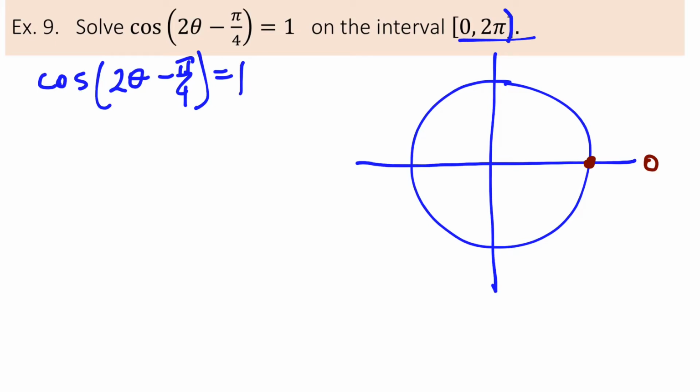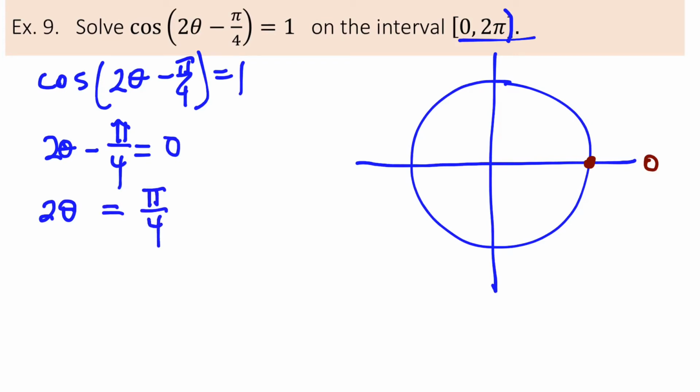So that means that my angle, this is my transformed angle, 2 theta minus pi over 4, has got to be equal to the angle 0 in order to get that cosine equal to 1. So I have to solve for that theta that's going to make this statement a true statement. So I add that pi over 4 to the other side, and then I divide by 2.